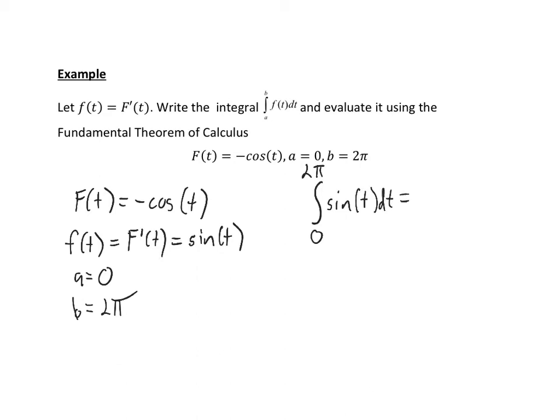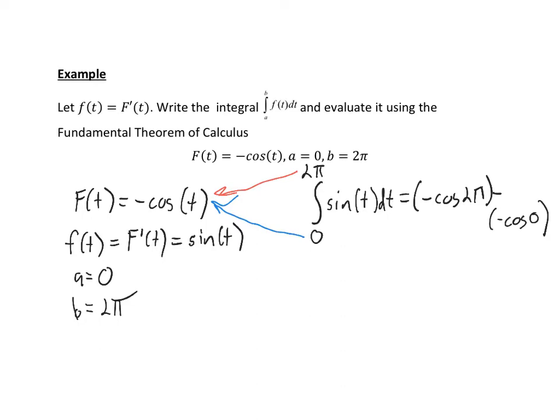So what we're going to need to do is plug in 2 pi and 0 into this uppercase function to evaluate this definite integral. So we're going to have negative cosine of 2 pi minus negative cosine of 0.